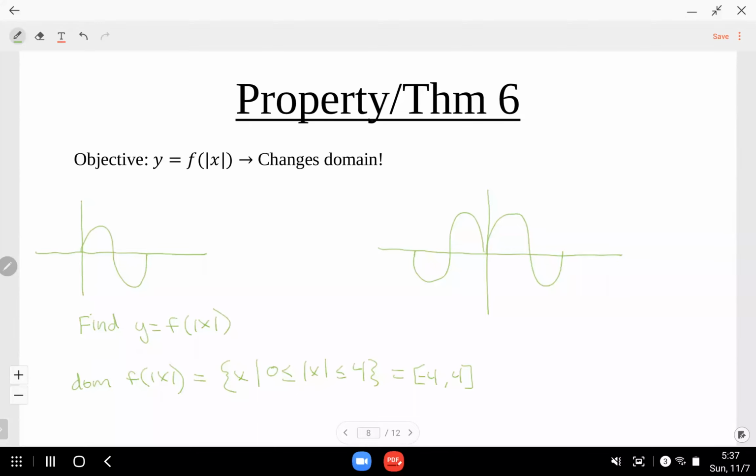It covers both the negative and the positive part. Are there any questions on this theorem? If we have y equals f of absolute value of x, then we're going to have this. Any questions?